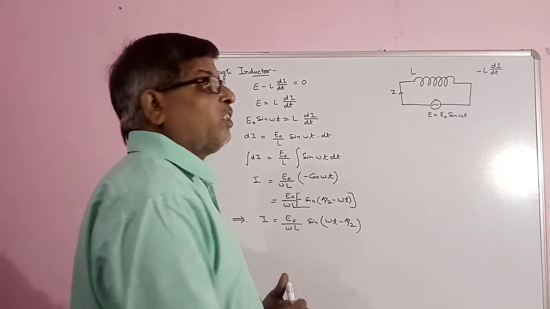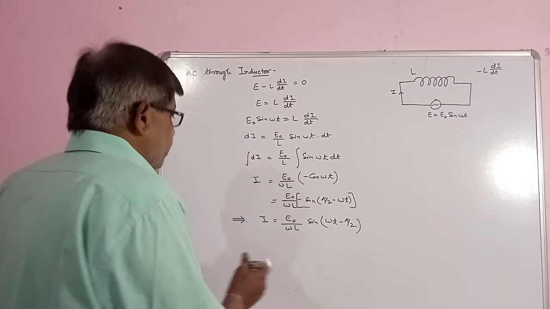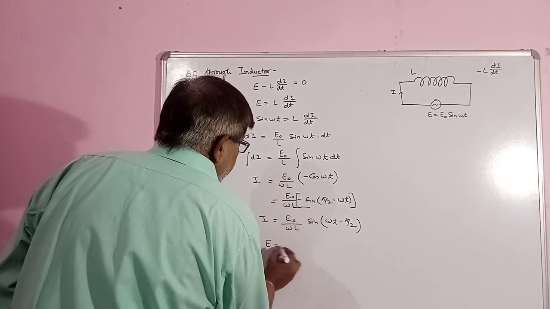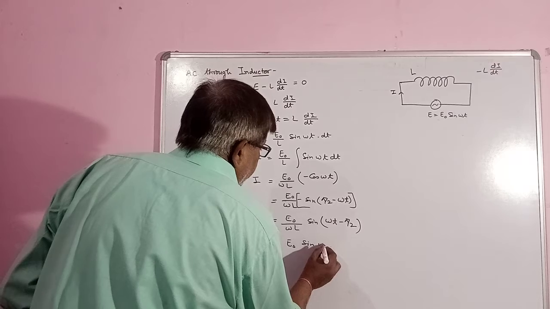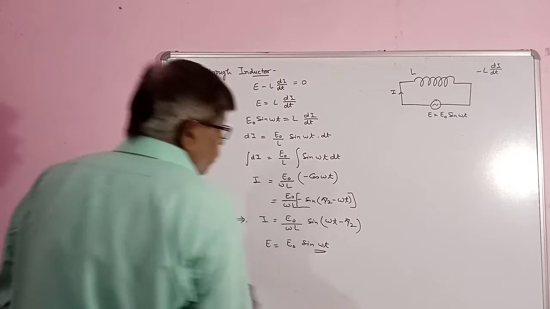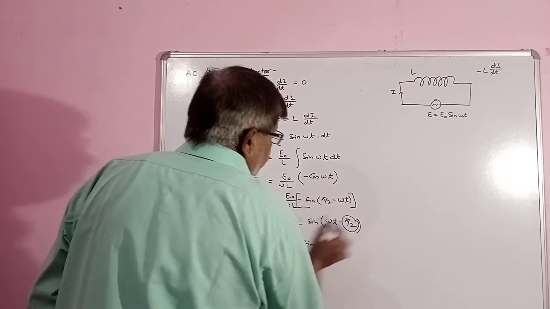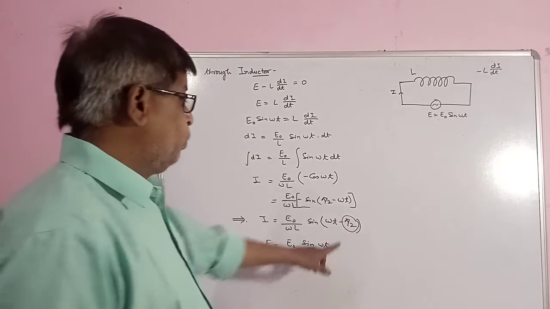And what is the equation of EMF? The equation of EMF is E naught sin omega t. So there is a phase difference of pi by 2.